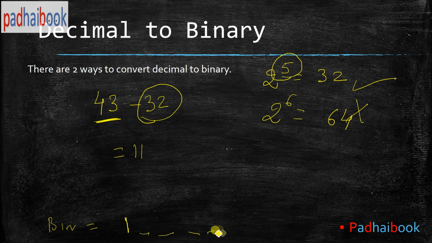We don't know what the other values will be yet. Now 11. Think of another number which is a power of 2 and is not greater than 11. That is 8, which is 2 to the power 3. So we subtracted 2 to the power 3, which is 8. So we'll put a 1 at the 4th position.